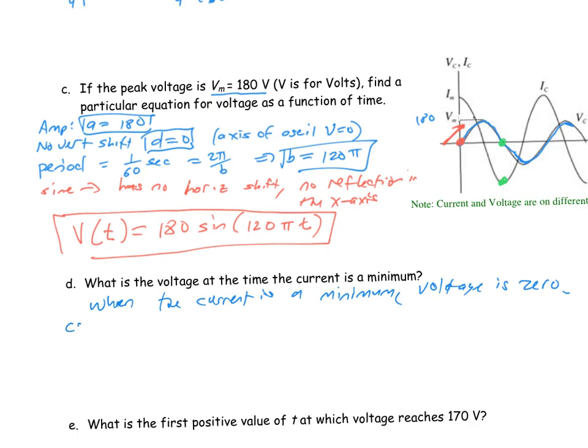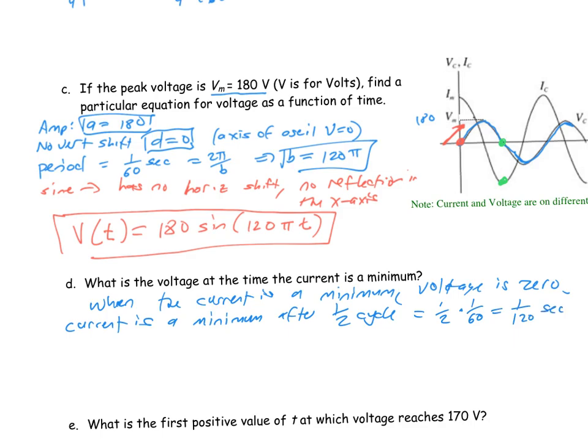We know that the current is a minimum after 1/2 of a cycle, or 1/2 of a period. We know that because the current started at a maximum, so half a cycle later it'll be at a minimum. That's after 1/2 times 1/60th, so that's 1 over 120 seconds.